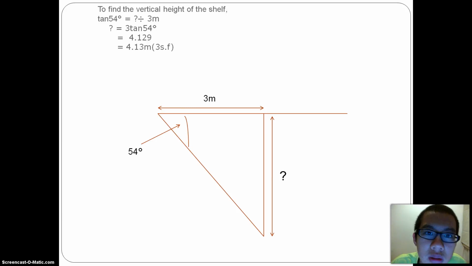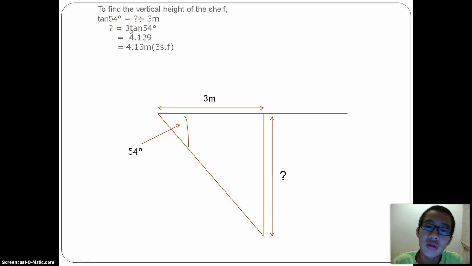We're going to use tangent. Get it? To find the vertical height. You should know how to solve this. So tangent 54 degrees. I have put a question mark to represent our vertical height. So I want to find the question mark.